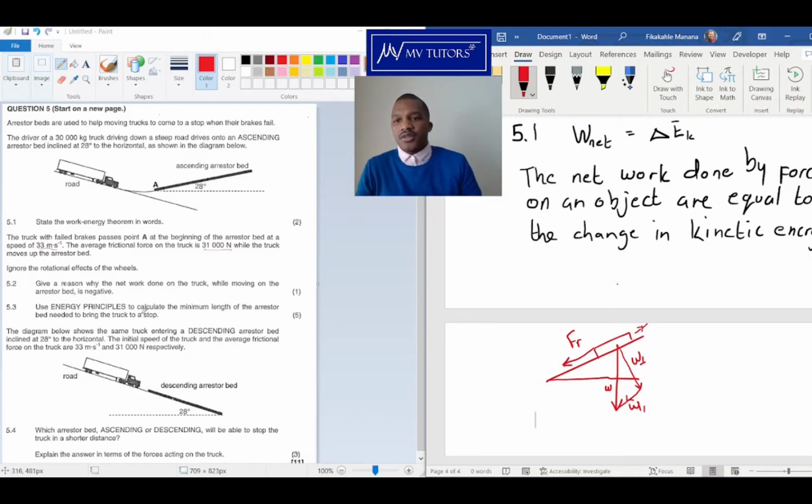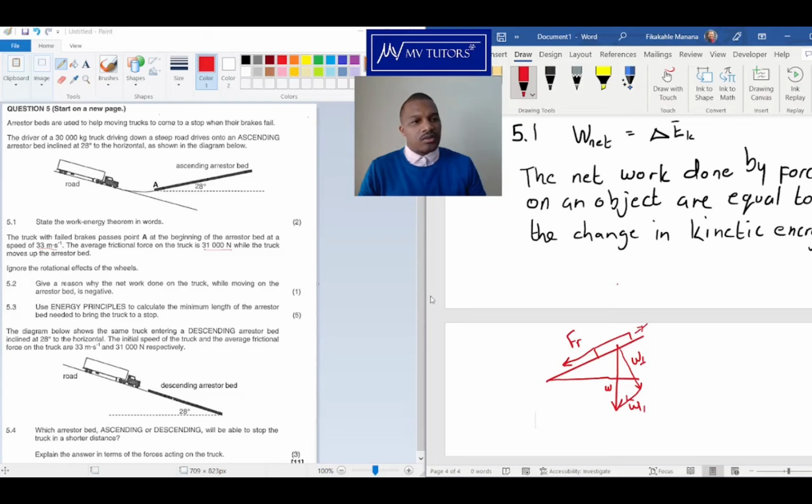Now the question says, give a reason why the net work done on the truck while moving on the arrestor bed is negative. Remember, the motion is going up. Friction is going opposite, which is negative, and the weight as well is contributing towards the negative direction.